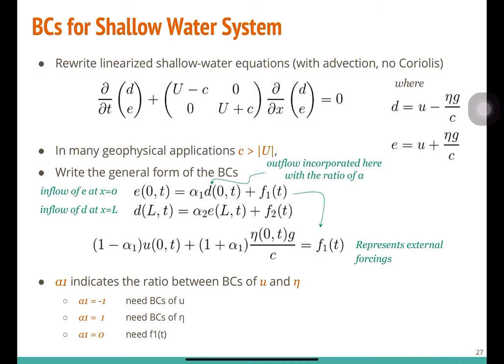So what we can do is, if C is larger than U, and in many geophysical applications C is larger than the absolute value of U, because U is like a background flow, and when you average over a large set of data, the value is likely to be smaller than the weather system that you are focusing on.